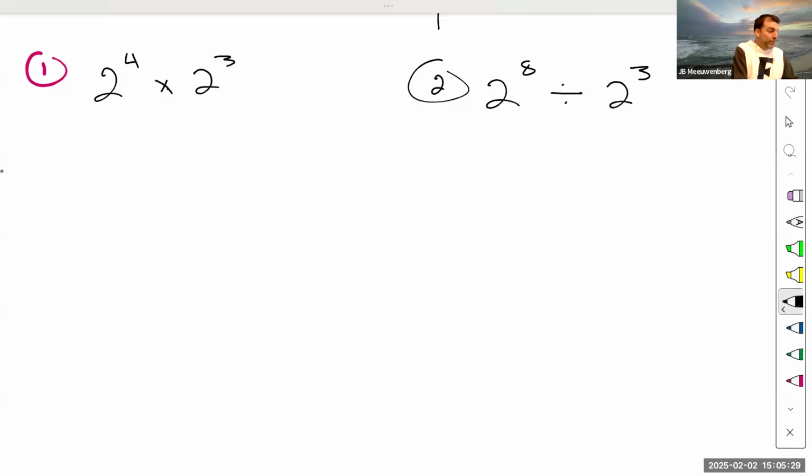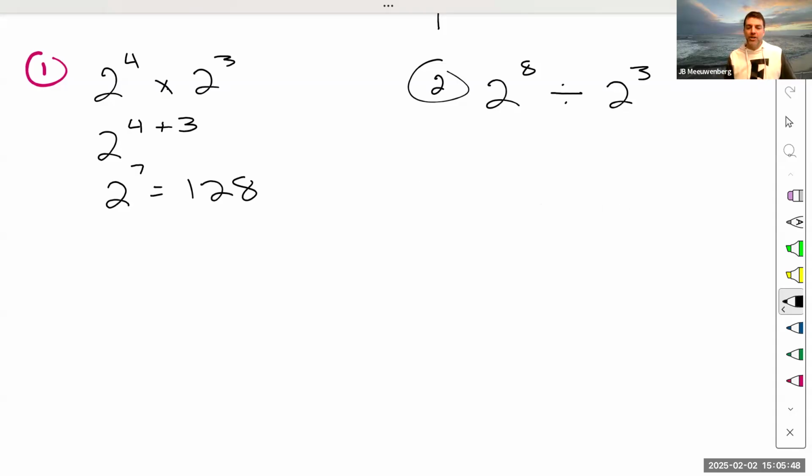For that first one, 2 to the 4th times 2 to the 3rd, we know that we are going to be adding those 2 exponents, which is 2 to the 7th. If you actually multiply 2 to the 7th out, you get 128.